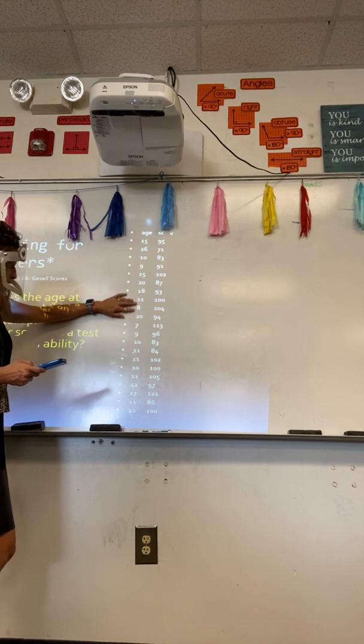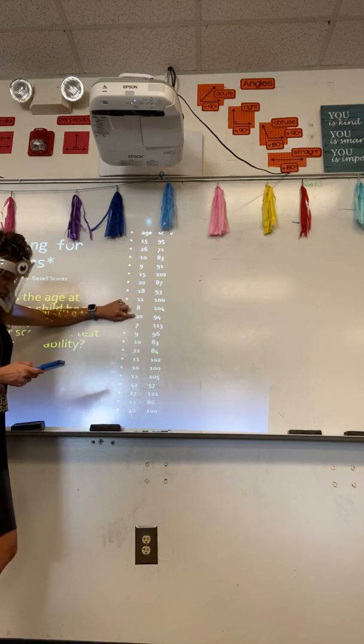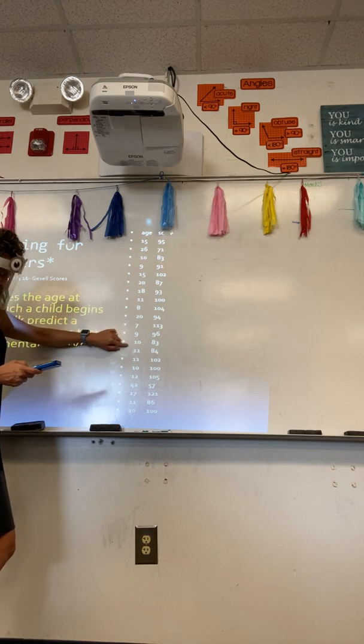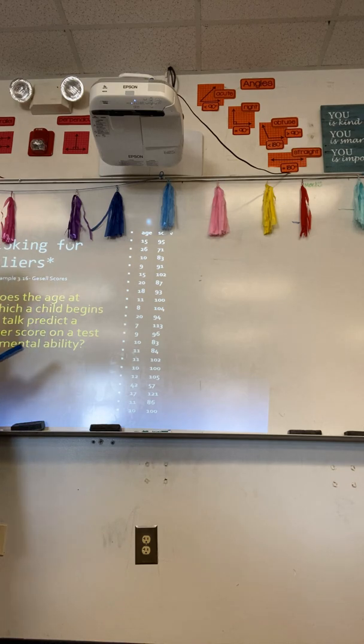Uh-oh, 15, hold on, what was that? 18, 11, 8, 20, 7, 9, 10, 11. Oh, I didn't put 2 11s. 11, 10, 12, 42, 16, 11. All right, here we go. I think I've got it all taken care of now.